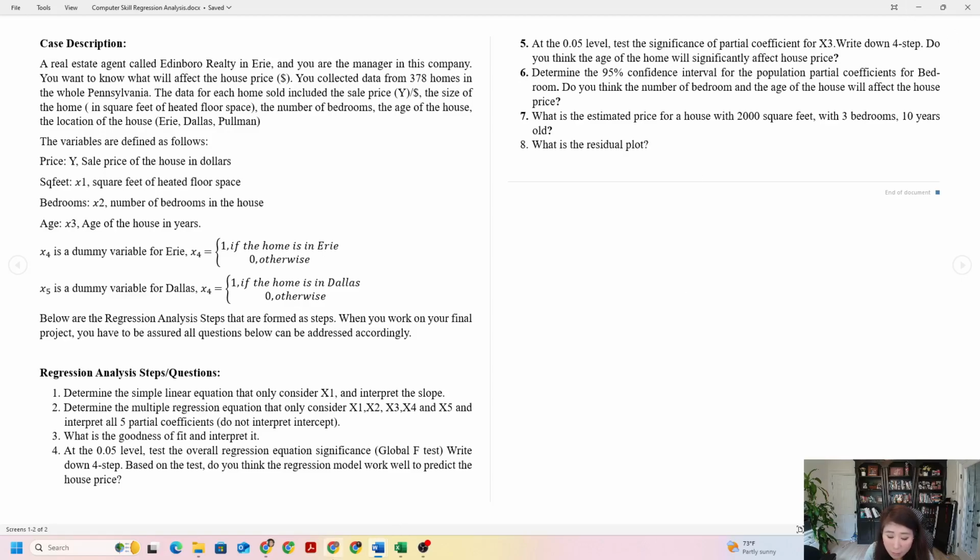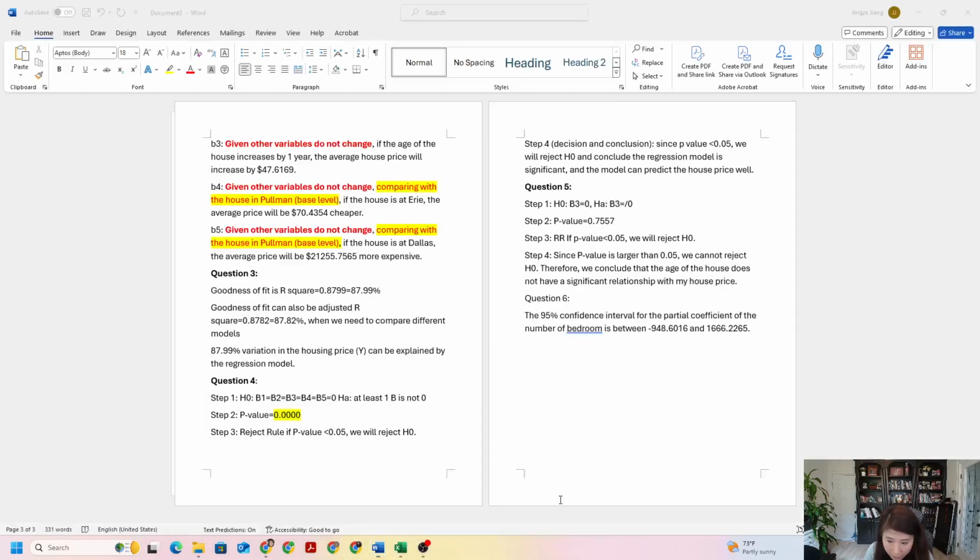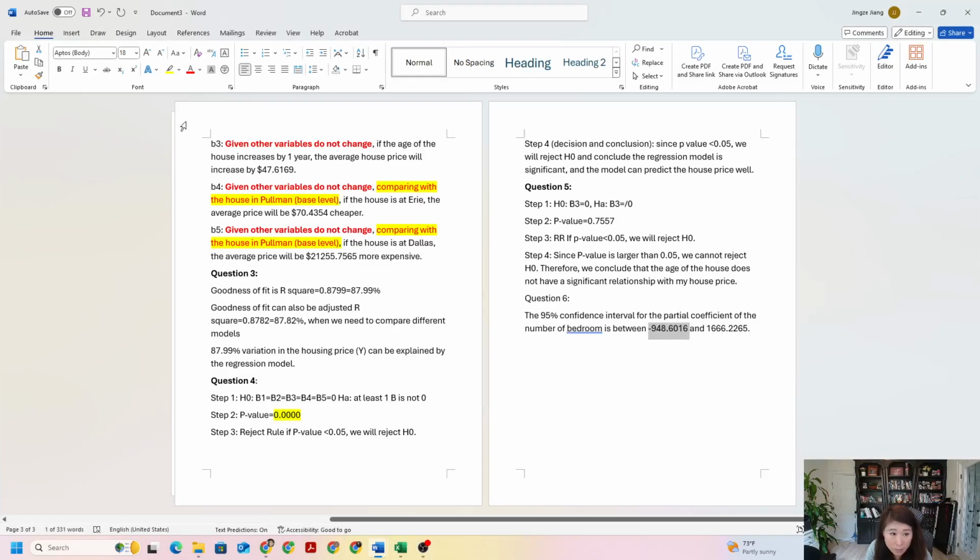In the lecture video, like I said, in this one we focus on where to find the values in Excel, right? So if you don't remember the decision rule, make sure you watch my lecture video. We're focusing on whether zero is included in this confidence interval or not. Again, if you don't remember why we are looking for zero, make sure you watch my lecture video. So we only focus on whether zero is in this interval.